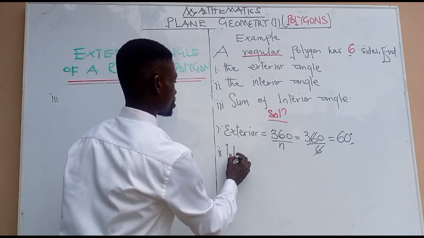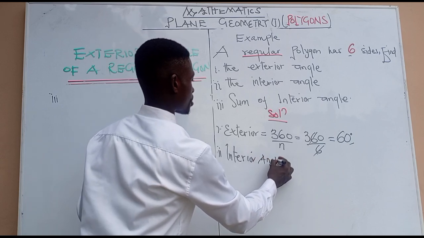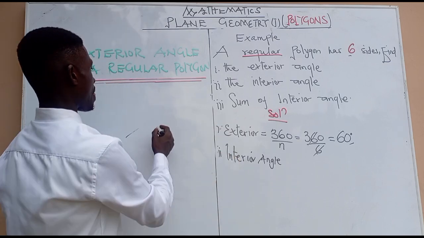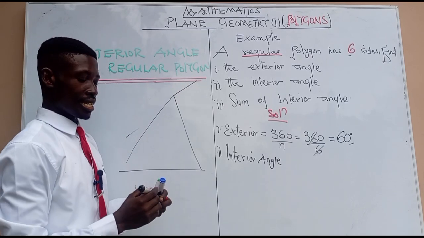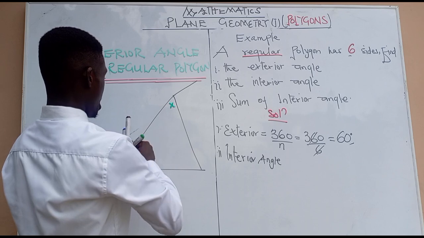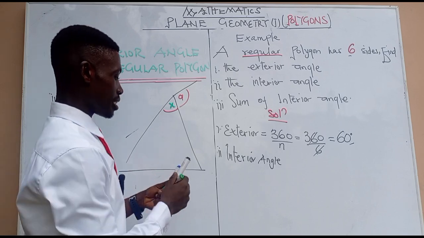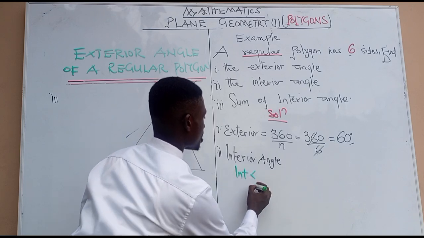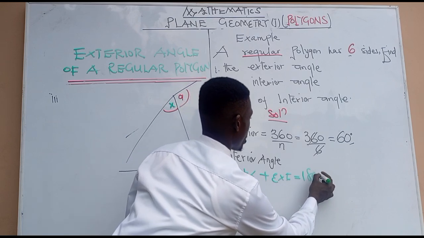The interior angle. Now you know that the interior angle plus the corresponding exterior angle gives us what? 180 degrees.